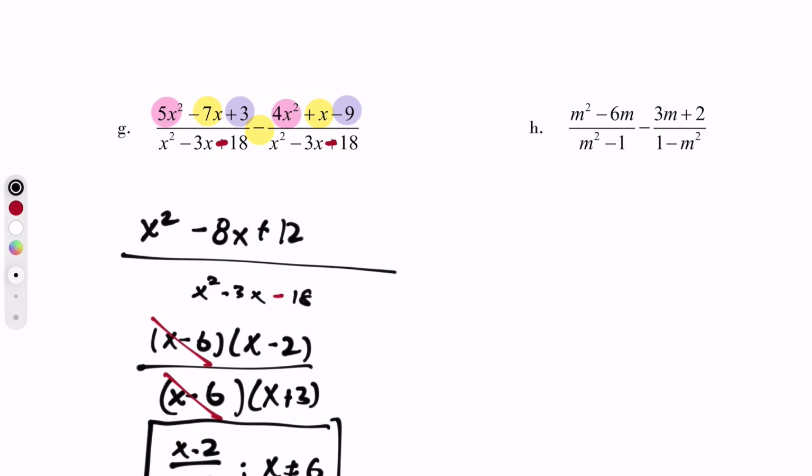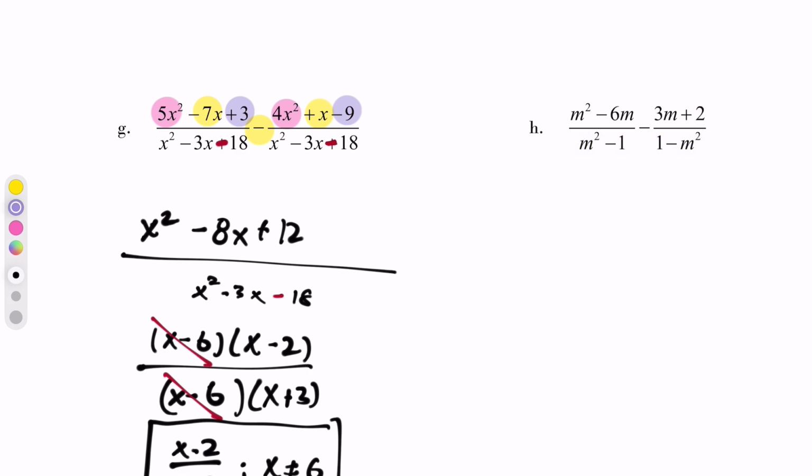And then in H, what I like about H is, again, I'm focusing on these denominators. They're basically opposites, right? So what I'm going to do is the following.